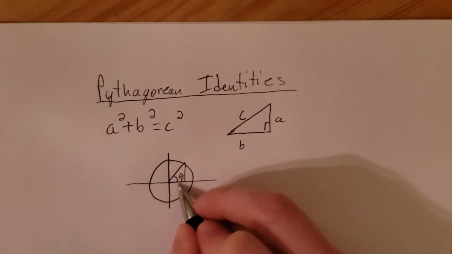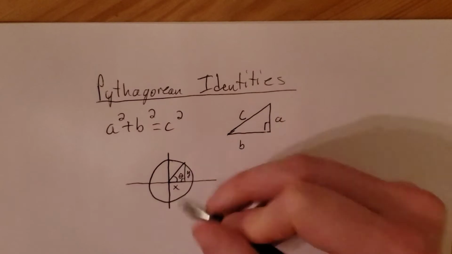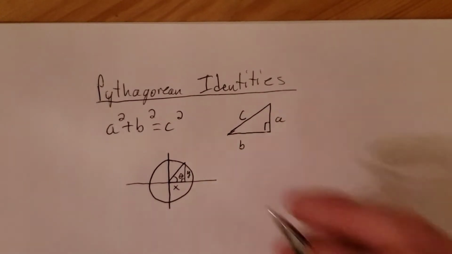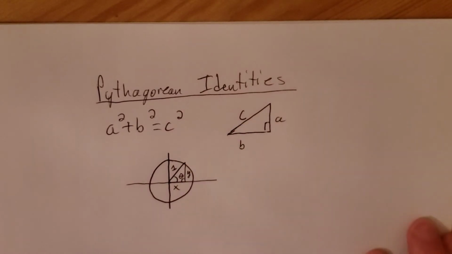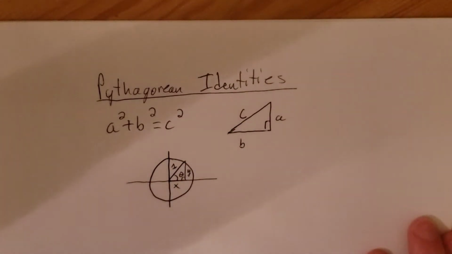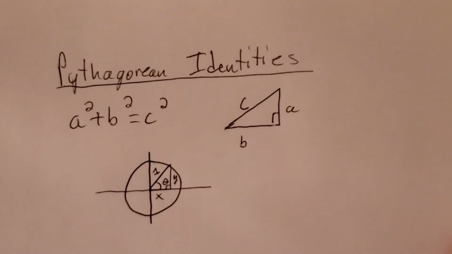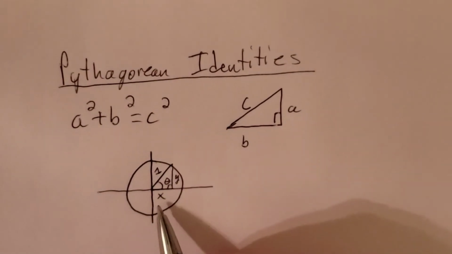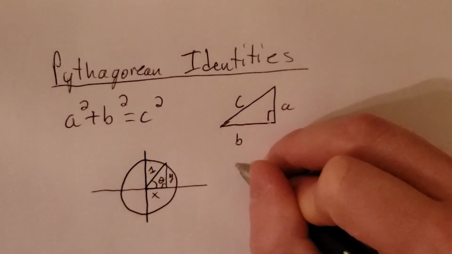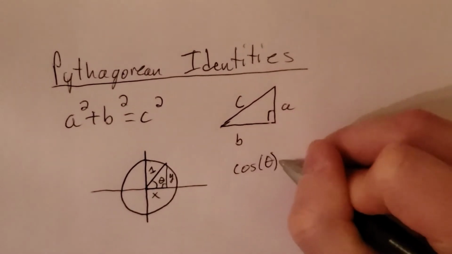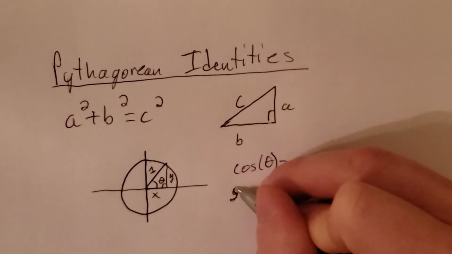We have legs of length x and length y in the appropriate spot here, and then the hypotenuse has length 1. So, what can we do? Well, we might also recall that x is cosine of theta, and y is sine of theta.